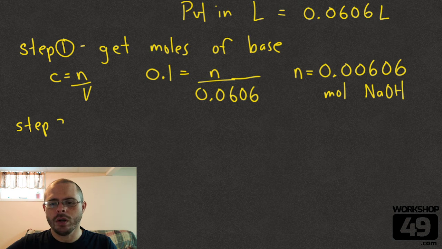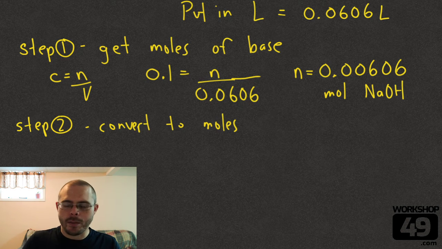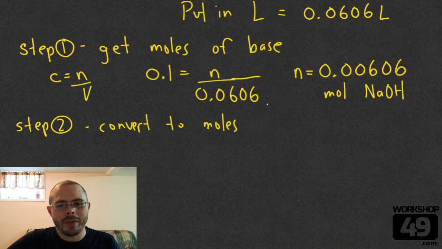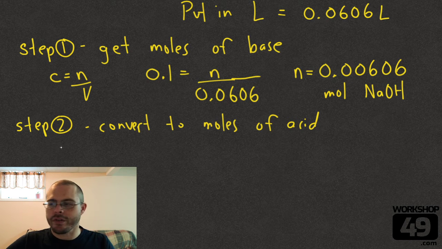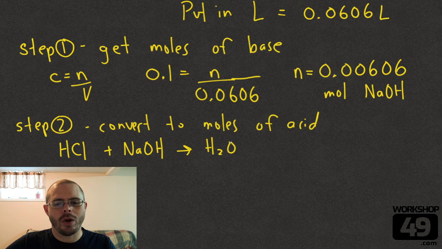Time for step two. In step two, we are going to convert moles of base to moles of acid. Now keep in mind that if someone titrated acid into base, these would have to be reversed, but we're doing base into acid. So convert to moles of acid, and we can write out our balanced chemical equation for this titration, because it was HCl plus NaOH produces H2O plus NaCl.